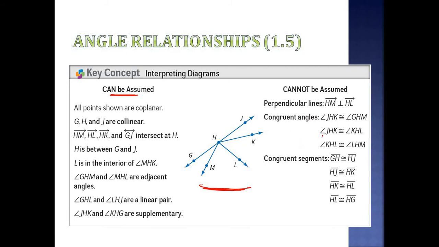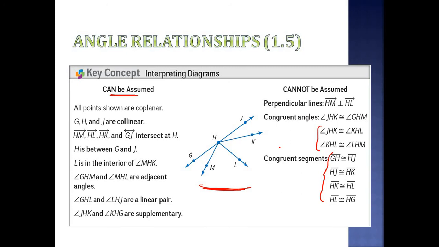You cannot assume that these 3 angle pairs are congruent, such as angle JHK and angle GHM. And similarly for these angle pairs, we can't assume they're true. Nor can we assume that these 4 segment pairs are congruent, such as GH and HJ, HJ and HK. We actually would have to show that to be true.